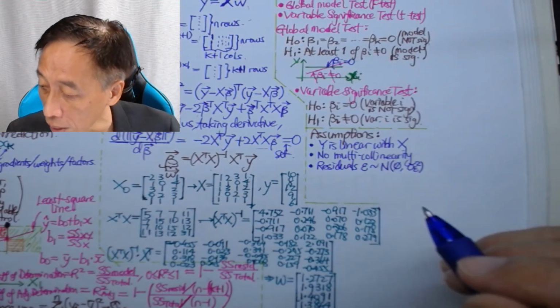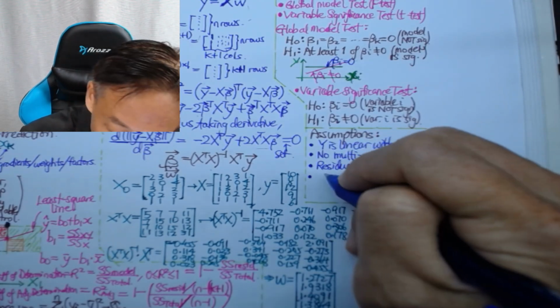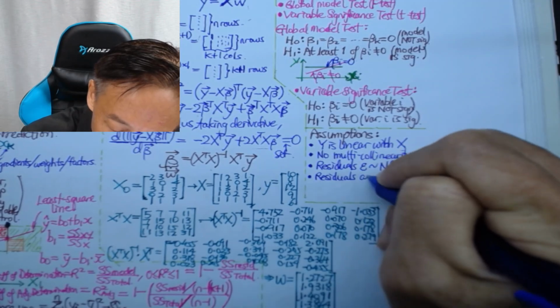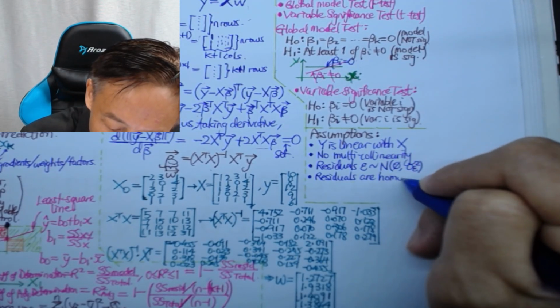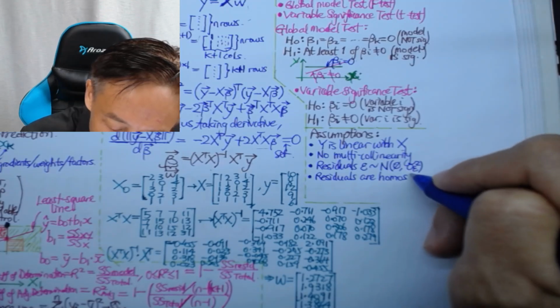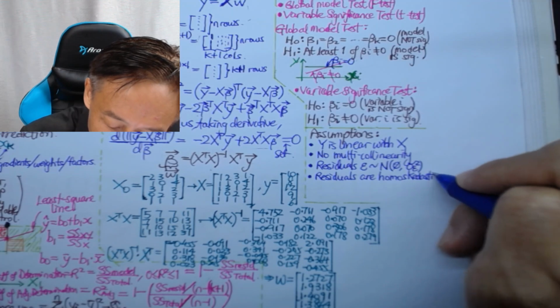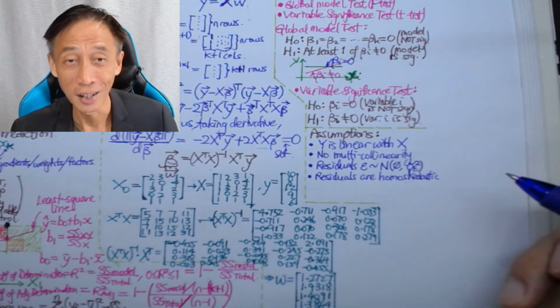Okay. Next, we want to say that the residuals are homoscedastic. Sometimes spelled with a K, sometimes with an S or a C, depending on whether you are American or British.